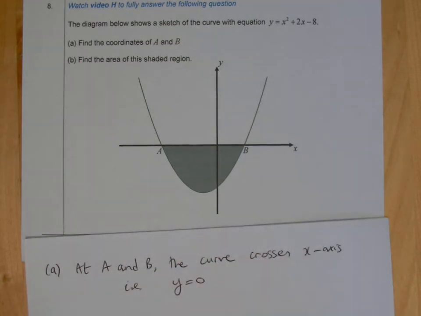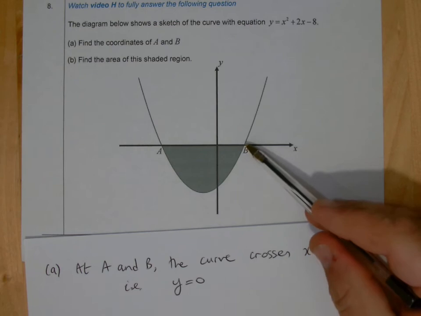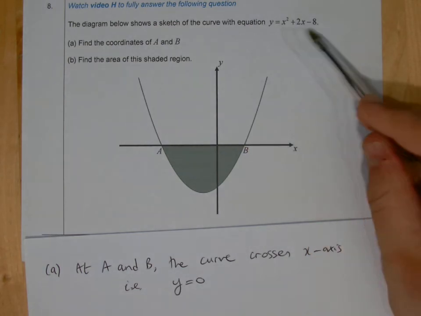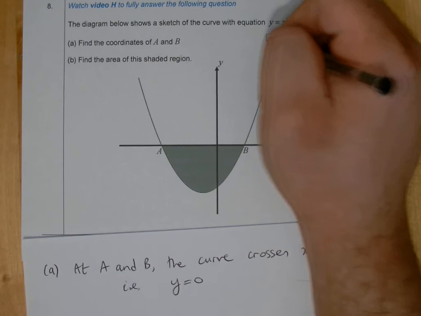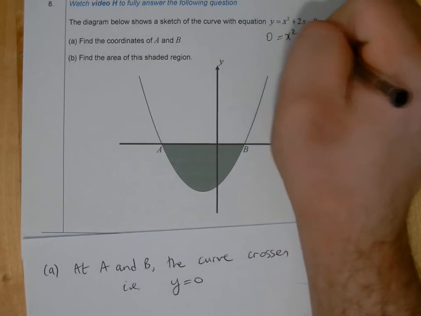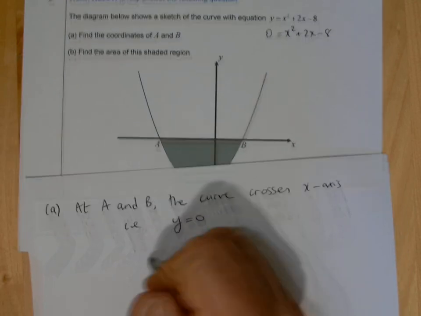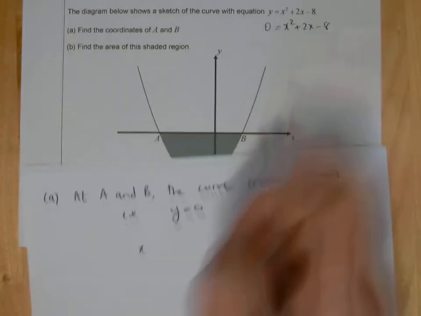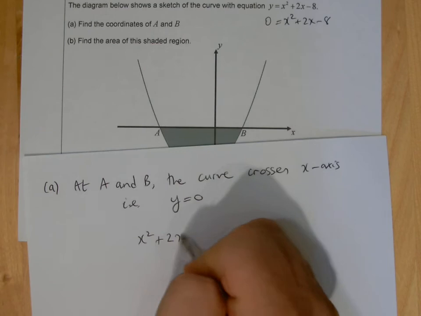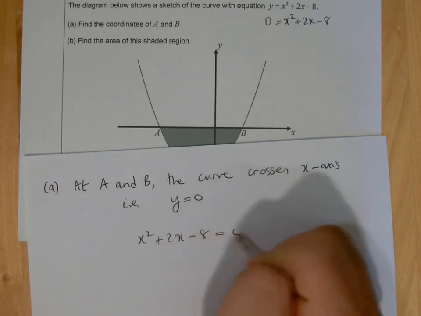Y is equal to 0 on the x-axis. So we can literally set y to be 0 and solve that. We could write it as x squared plus 2x minus 8 equals 0.